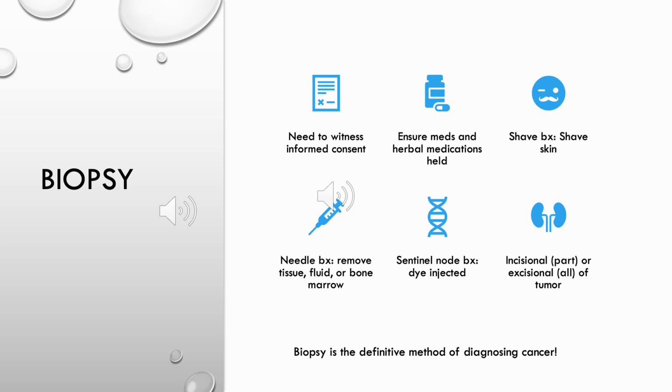And they would see how many sentinel nodes they had that would point to the spread of the disease. And then an incisional biopsy is when part of the cell or part of something is removed. Excisional is when all of the tumor is removed. And for the skin, it would be like a punch biopsy if a mole is removed. So that's just different kinds of biopsies.